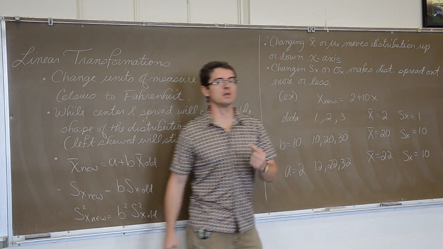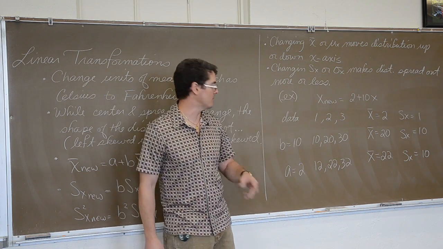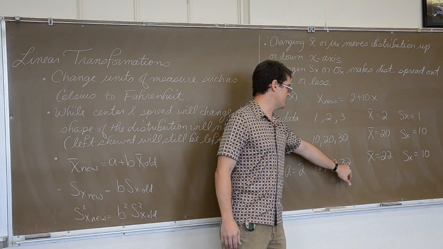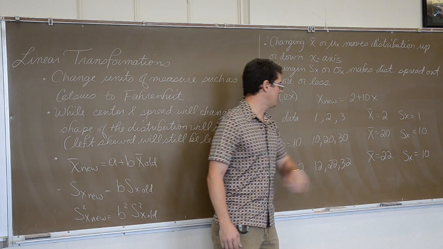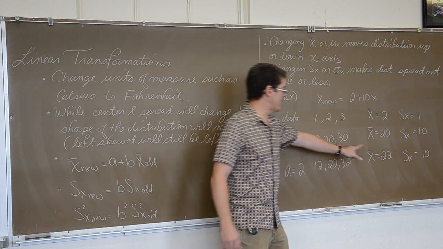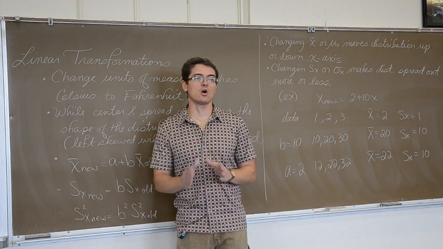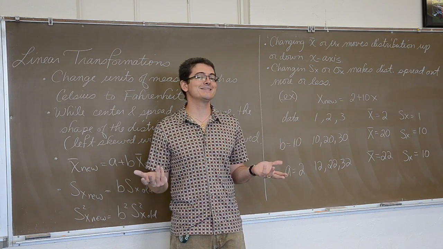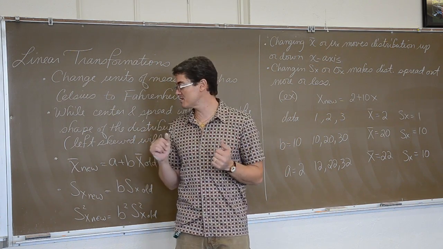The a part, the plus 2, what happens there? Well, my raw data goes from 12 to 22 to 32 instead of 10, 20, 30. Now, look what happened. All my values got bigger by 2, and that means my mean got bigger by 2, but they're all still 10 units apart. So when I added 2, I did not affect the spread. What does that mean?